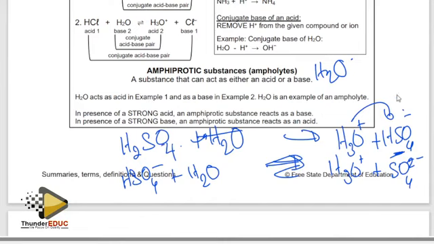But when it comes here, it becomes the acid, because it gives this to this and forms the hydronium ion and the sulfate ion. So in this case, it can act as an acid, and it can act as a base. You can also bring phosphoric acid. So please know those things, okay?